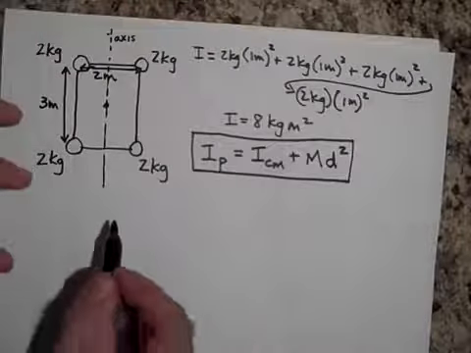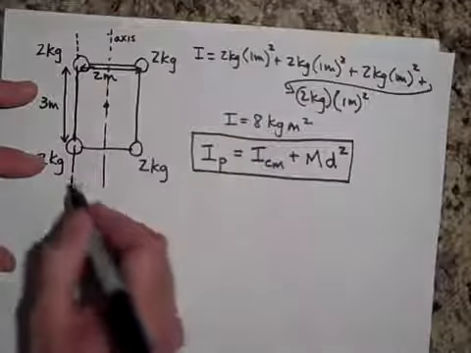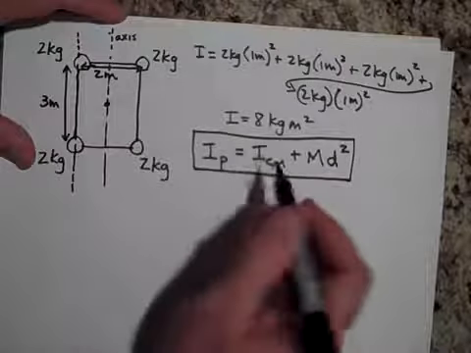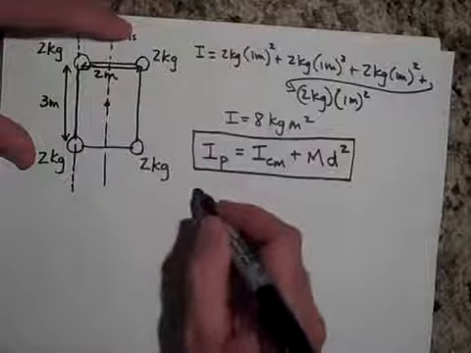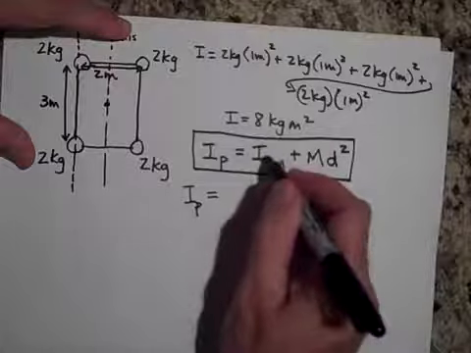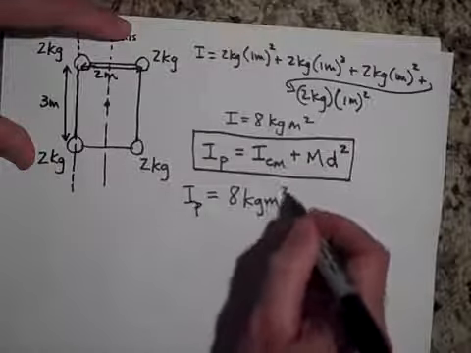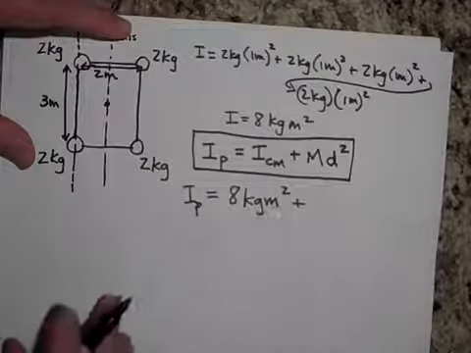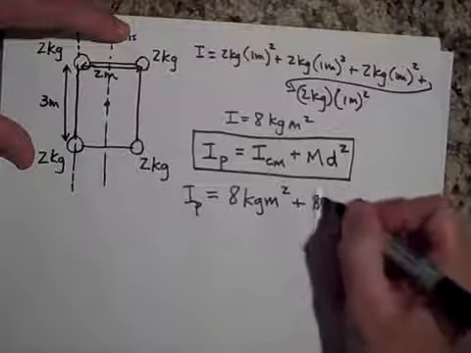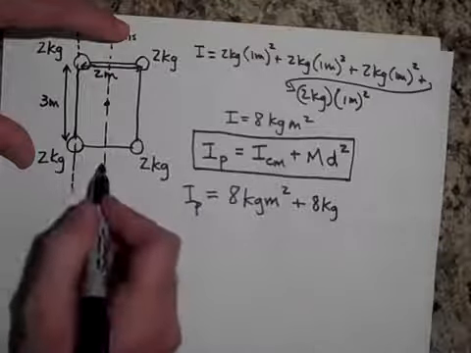So let's find the I through this axis. See how they're parallel to each other? Okay, well, if I already know the I through the center of mass, then the I through the other one will equal the I through the center of mass plus an additional term, the total mass of the object, so it'd be 8 kilograms, times how far the two axes are apart squared.